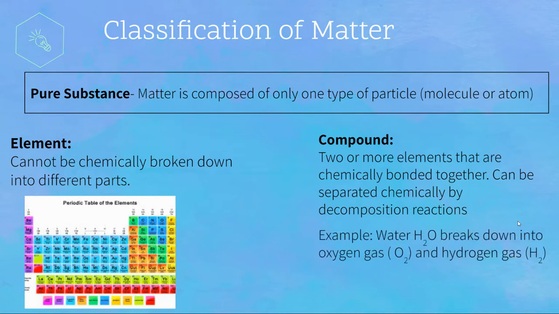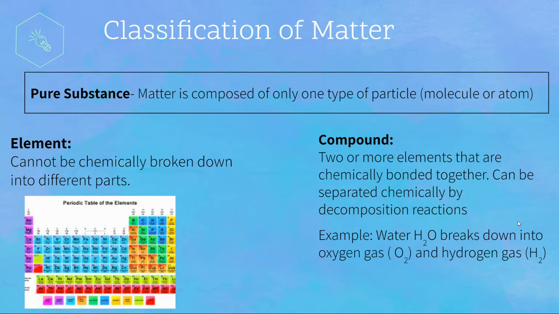An example of a compound would be water, H2O. You guys are probably very familiar with H2O. And this breaks down into oxygen gas and hydrogen gas. You can actually separate the two. Same with something like glucose, C6H12O6. You can chemically break apart glucose and put carbon back onto carbon dioxide, which can be broken into carbon and oxygen.